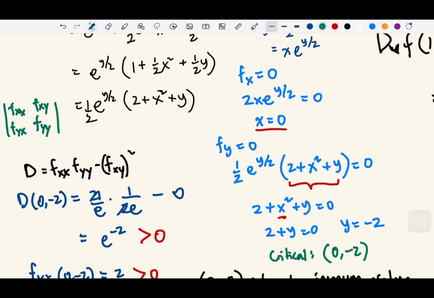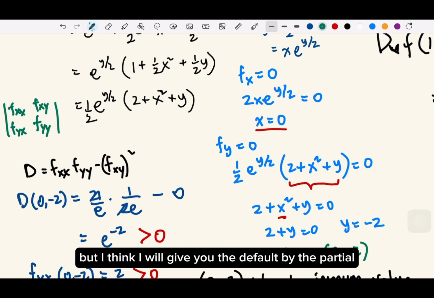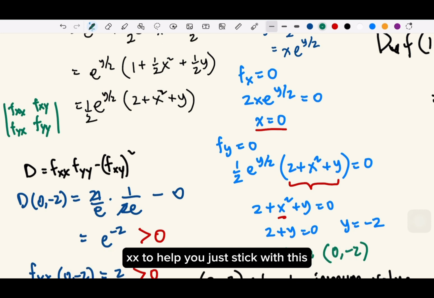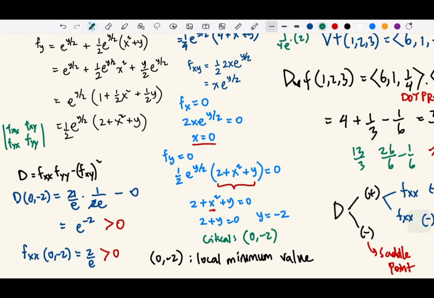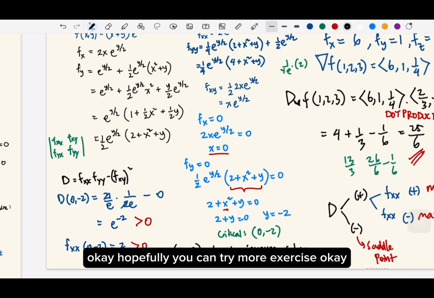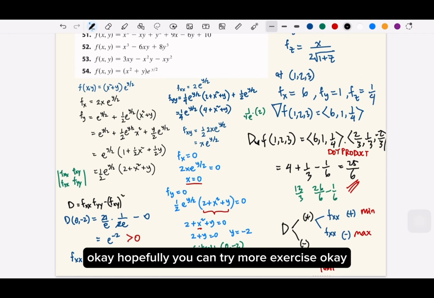The same. Actually, you can try partial yy, similar with the partial xx for checking the positive. But I think I will give you the default by partial xx, which will help you just stick with this one. Okay. Hopefully you can try more exercises.